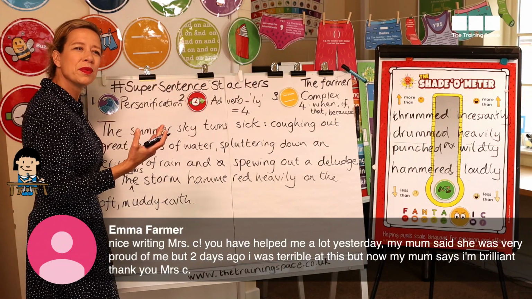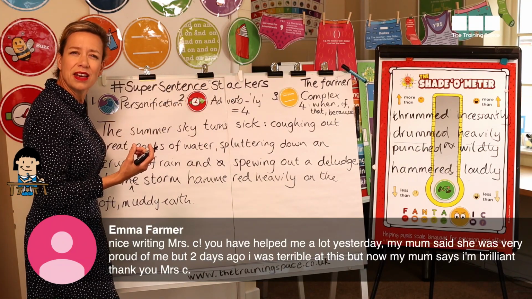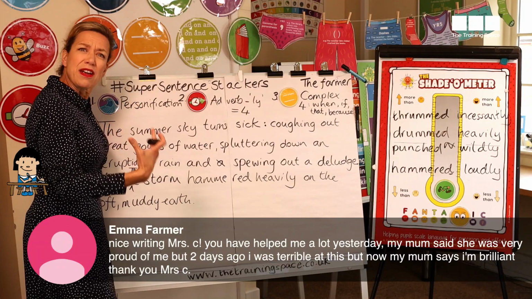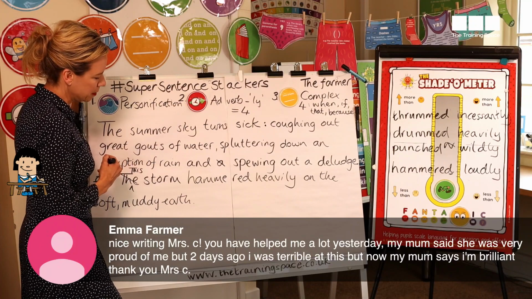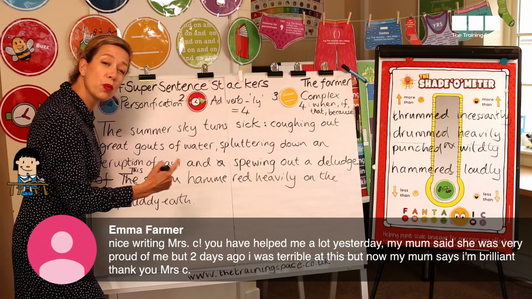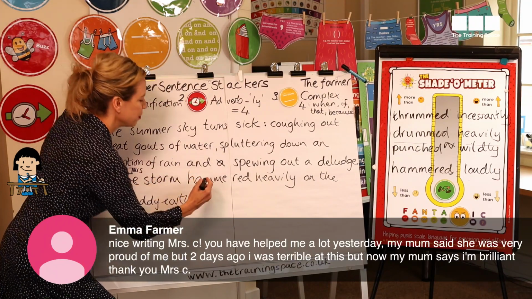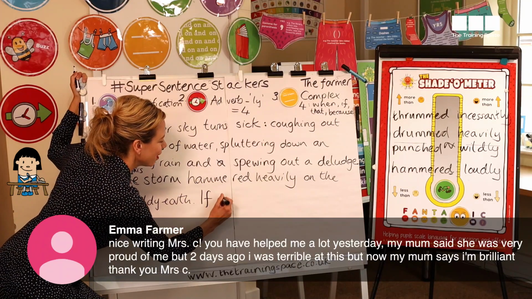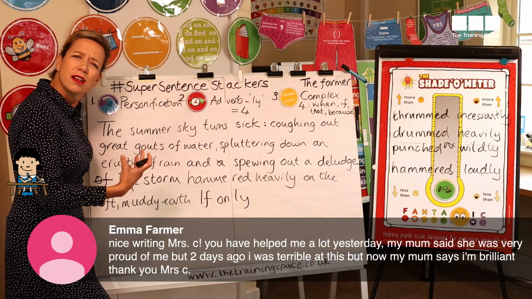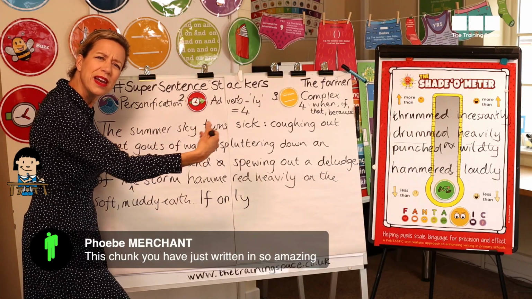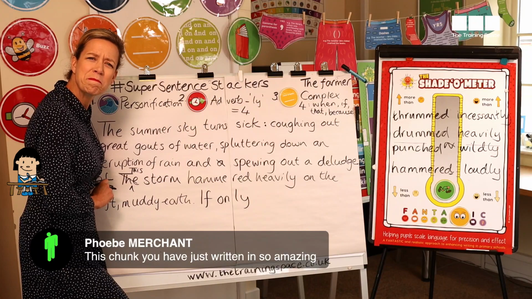Leading into this, if things were different. That sort of thinking. I could put the word only there, if only. And then I could build 3 if only clauses.